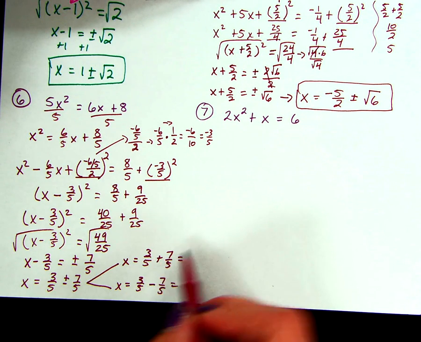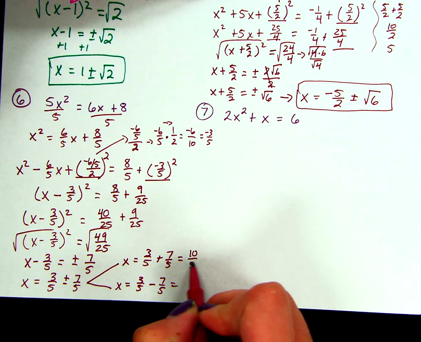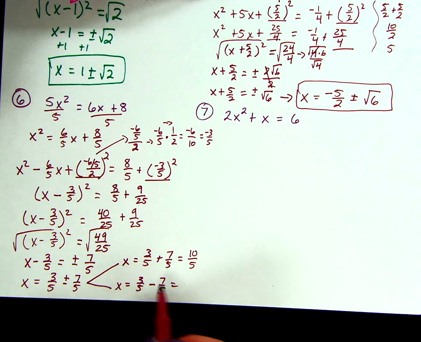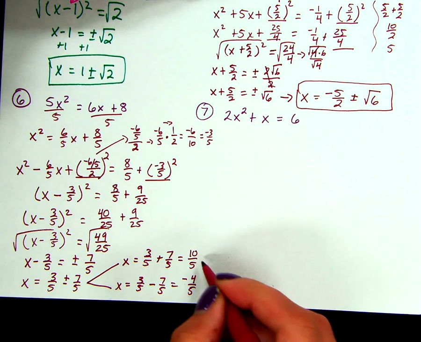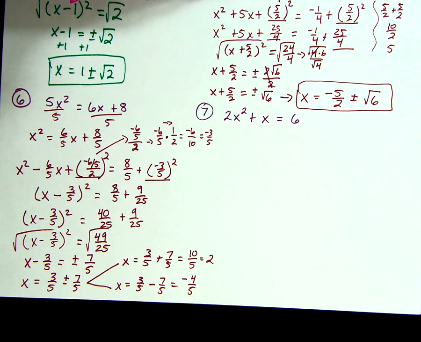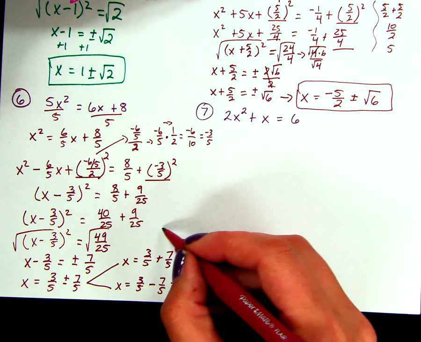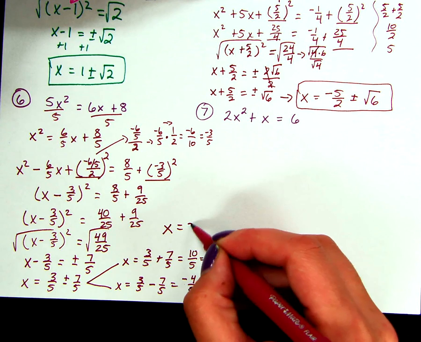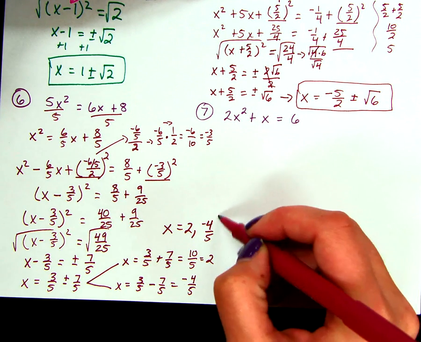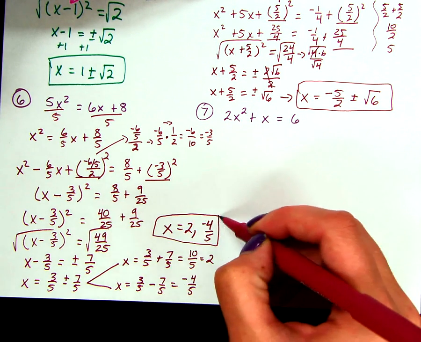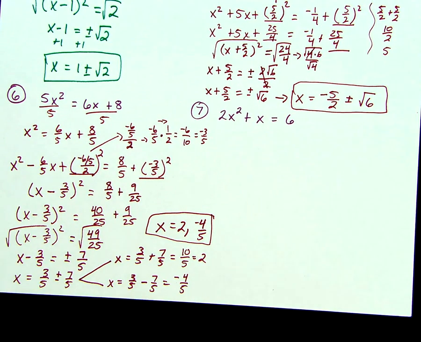So 3 plus 7 is 10/5, and 3 minus 7 is negative 4/5. I can simplify the first one to be a 2. So my two answers for this problem are x equals 2 and negative 4/5. That would be my final answer.